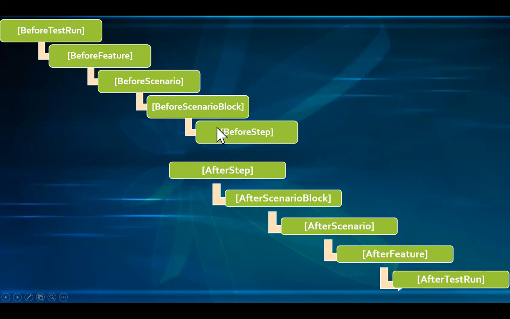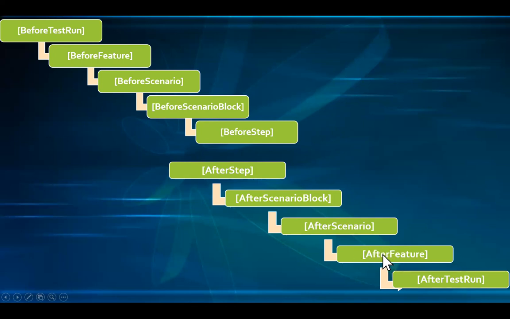But if you have before feature steps and also before scenario, those two will fire up in that order. Then after your test has finished, for each of the steps, if you have after step, the after step will be fired. For each scenario block, after scenario block will be fired. Then for each scenario, the after scenario will be fired.